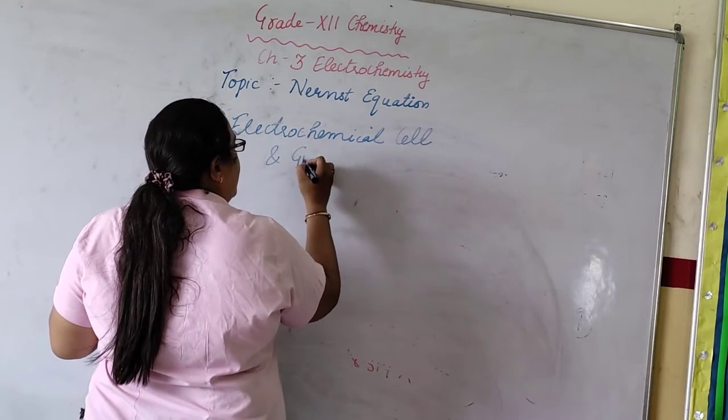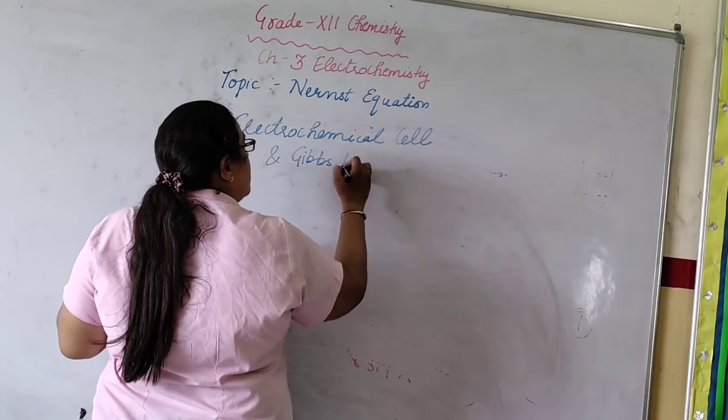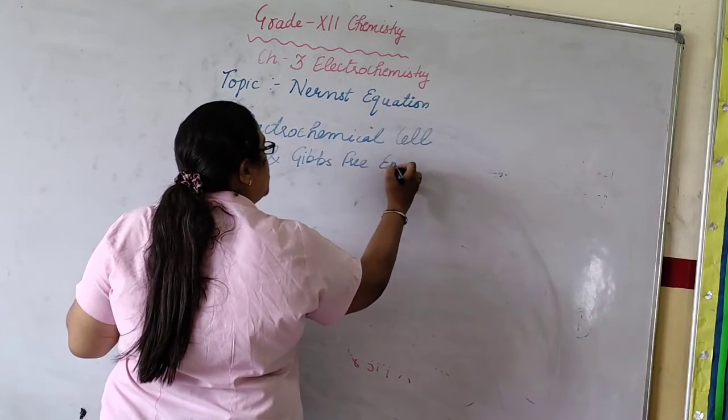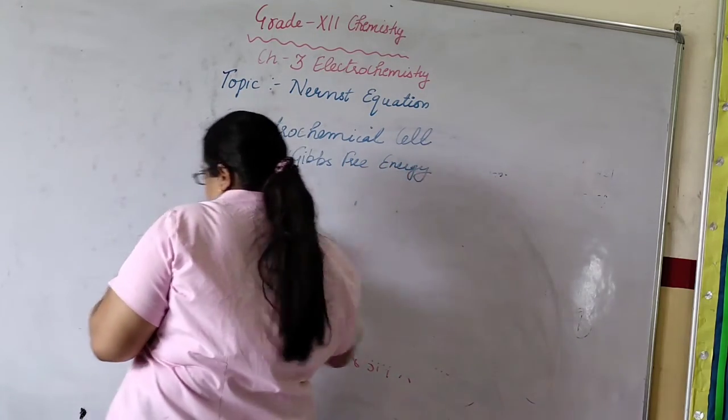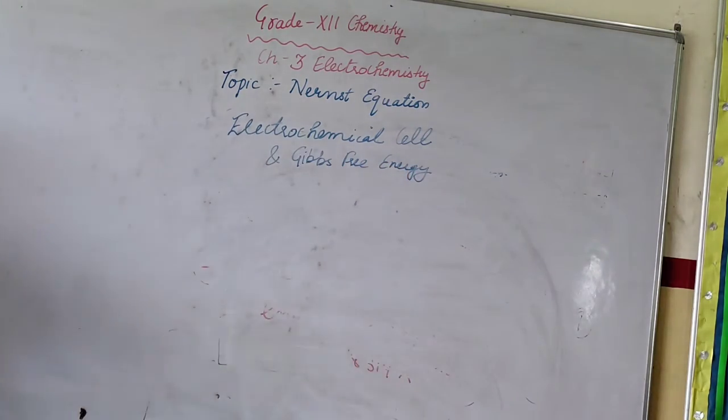Dear students, the electrical work done is equal to the electrical potential multiplied by the total charge passed.